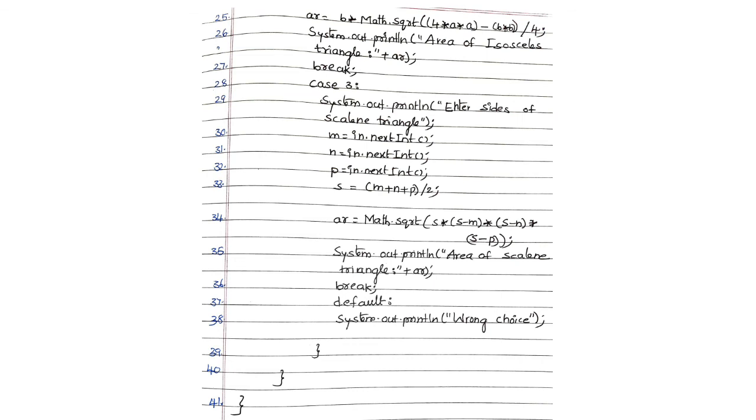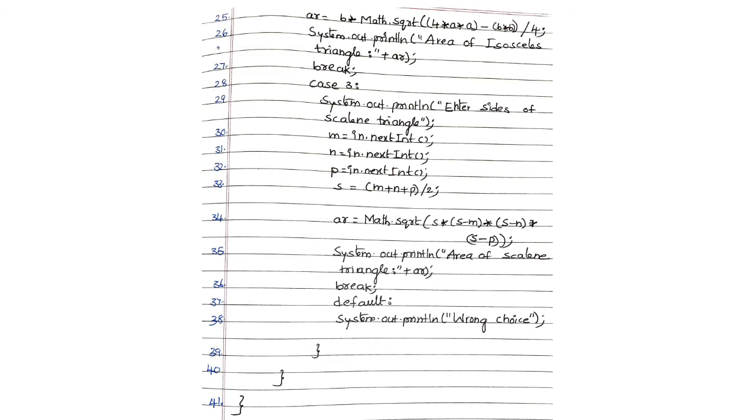I have written that formula only here. And the next statement is the output statement to print the result. That is area of isosceles triangle, AR. Next statement is break, and it acts as the closed bracket for case 2.